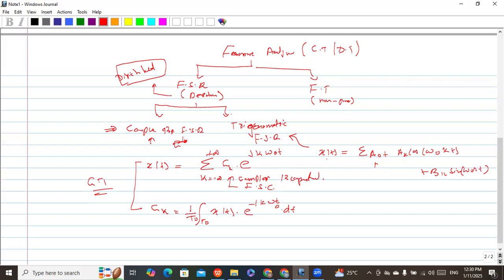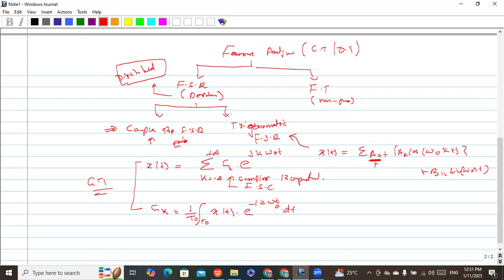So x(t) can be represented as a collection of sinusoidal signals, and the DC component also will be there, where omega naught is equal to 0.